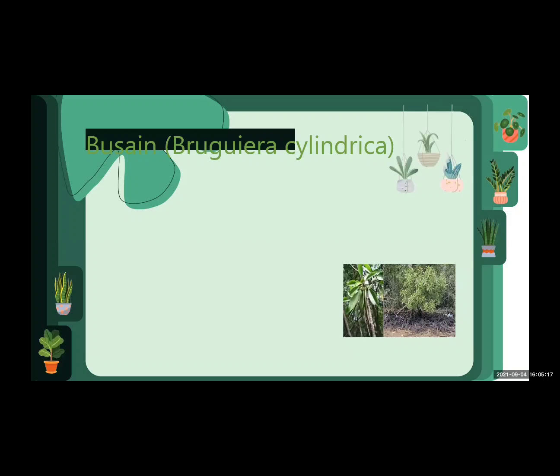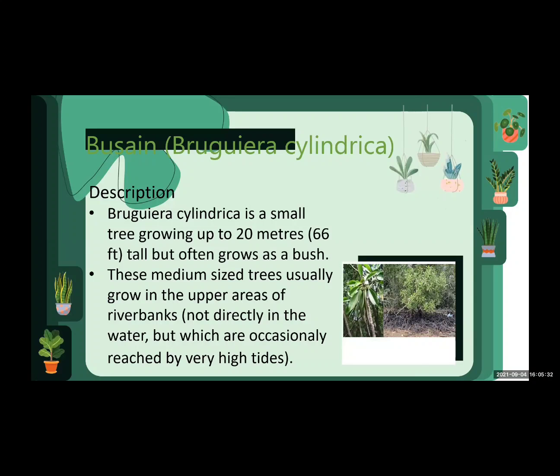Good day everyone. I am Francis Caliguid and this is my species, Bruguiera cylindrica. Description: Bruguiera cylindrica is a small tree growing up to 20 meters or 66 feet tall, but often grows as a bush.